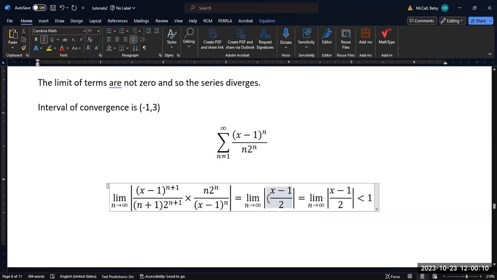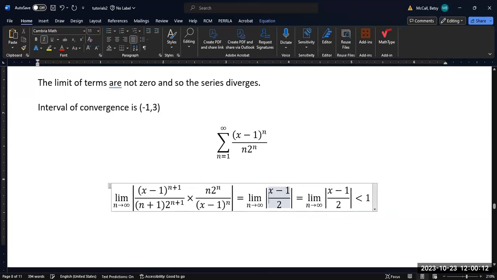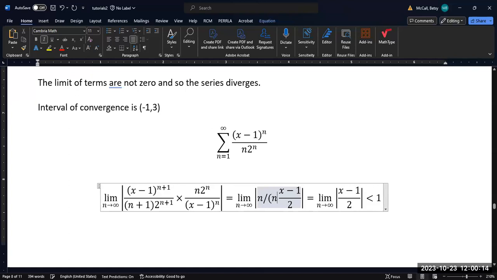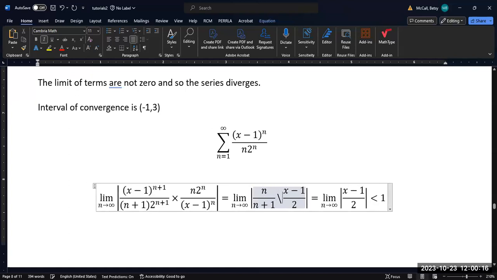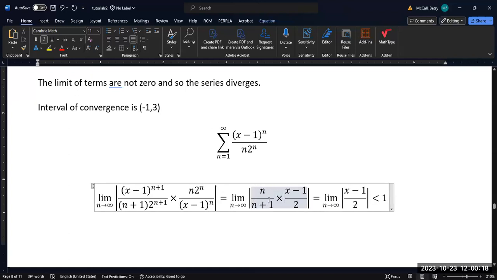We're going to have n over n plus 1. So we have an n here and an n plus 1 here. And the limit of n over n plus 1 is 1. So that portion is not going to determine the overall convergence of the problem.